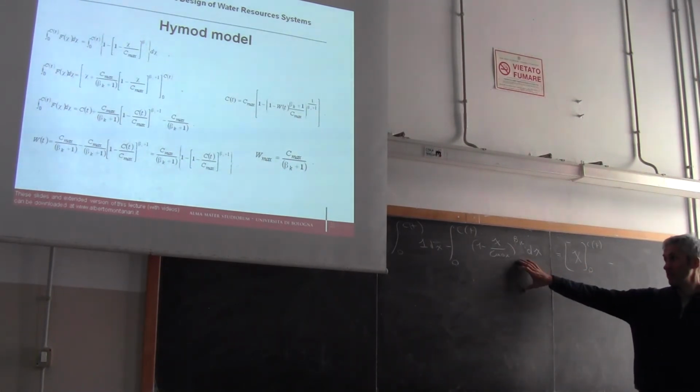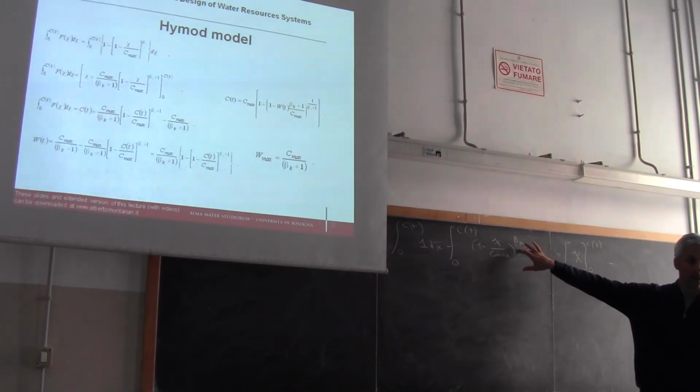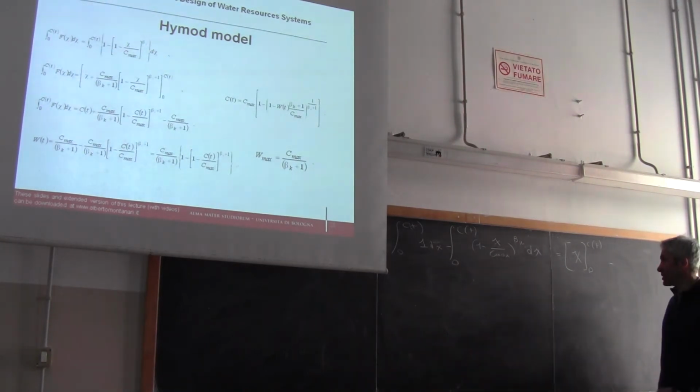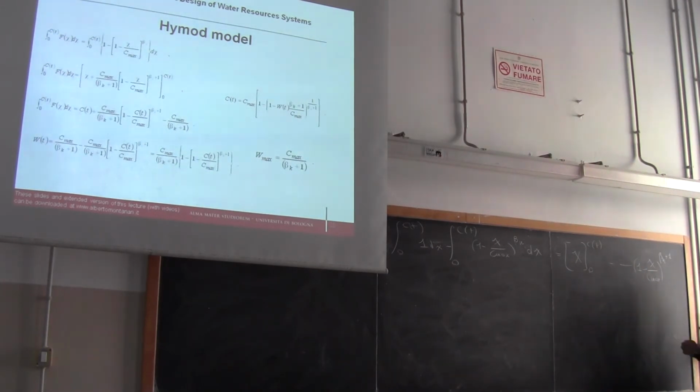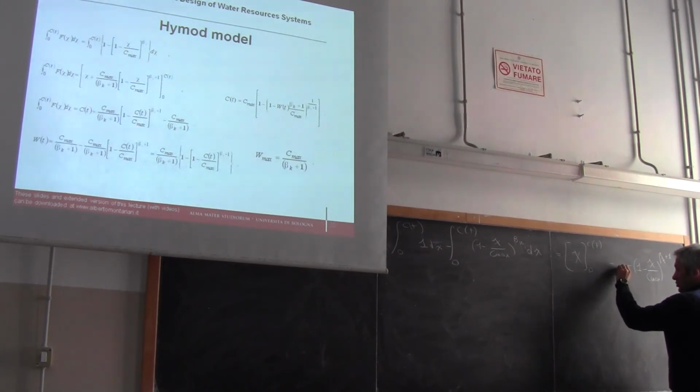This is a function elevated to a power, and therefore the argument of the function must remain there, to the power of beta k plus 1. Then I need to introduce a multiplier, which for sure is beta k plus 1 at the denominator.